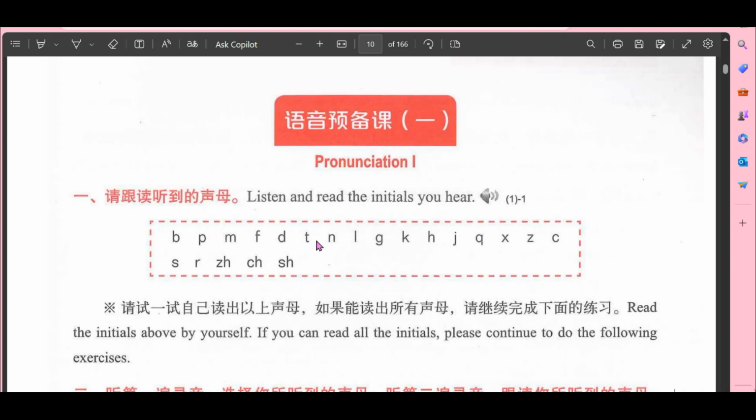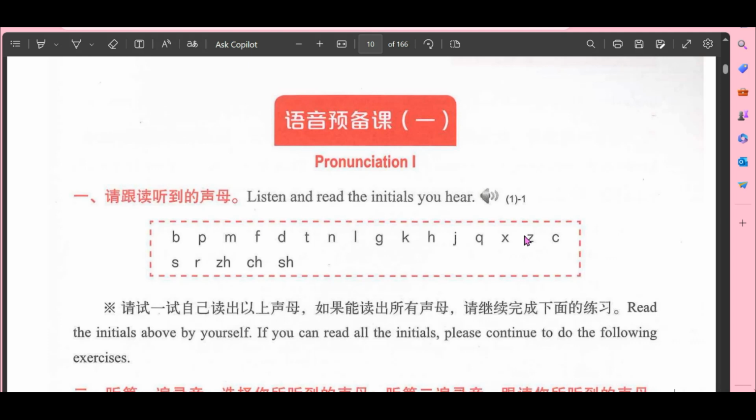Okay, so for most people, zhi, chi, most people have a problem differentiating these two. You have to be very careful. Zhi, chi. Okay, then the next part, these two.